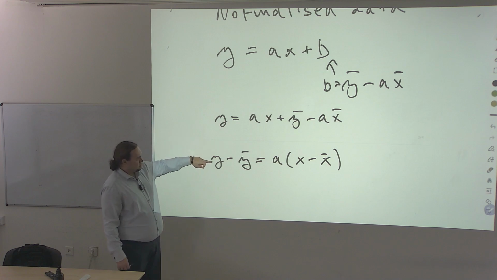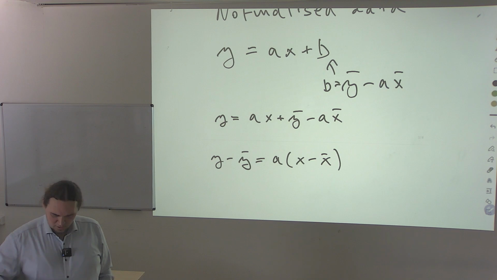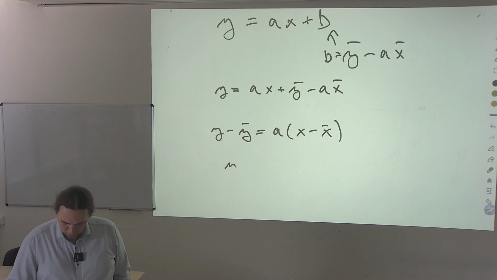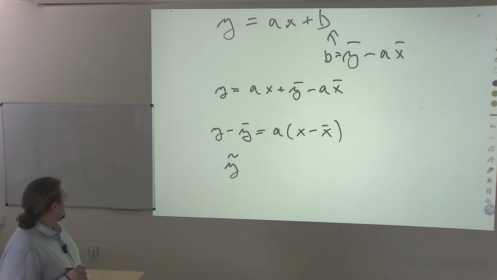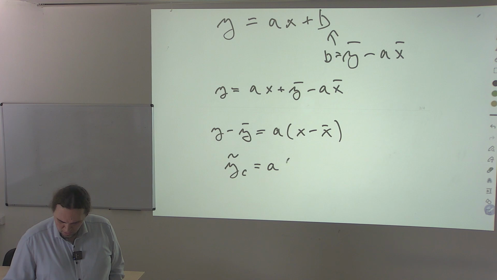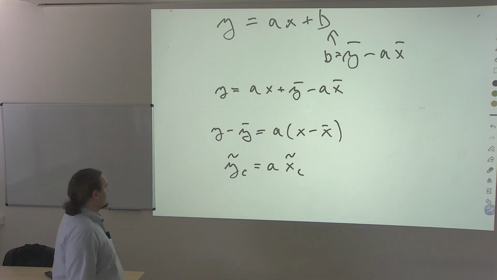And what if we just, in the very beginning, transformed our data? Like we will have, let's say, some y tilde, let's call it subscript c, and x tilde subscript c.